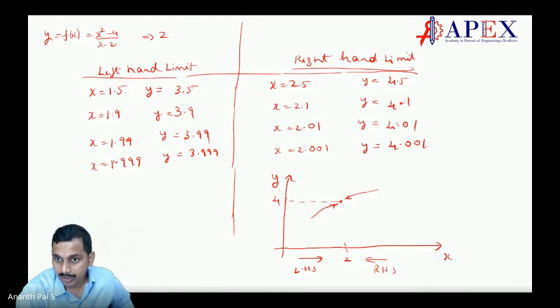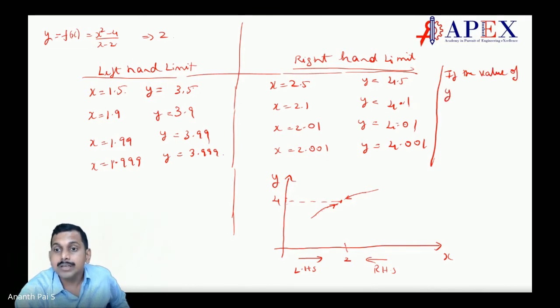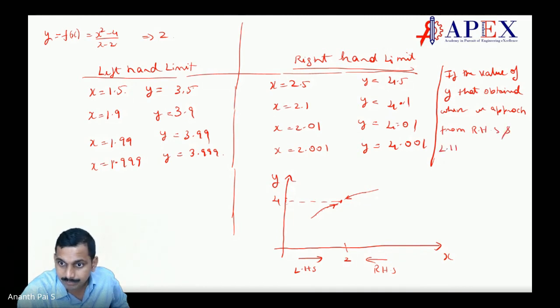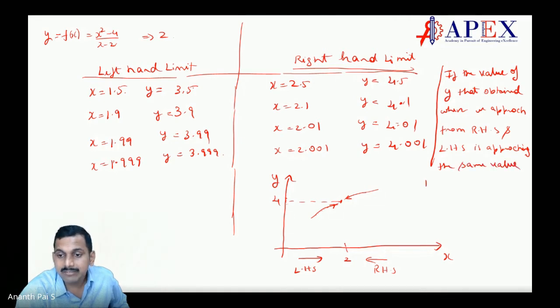I'll write here: if the value of y that is obtained when we approach from right hand side and left hand side is approaching the same value, then we say limit exists.